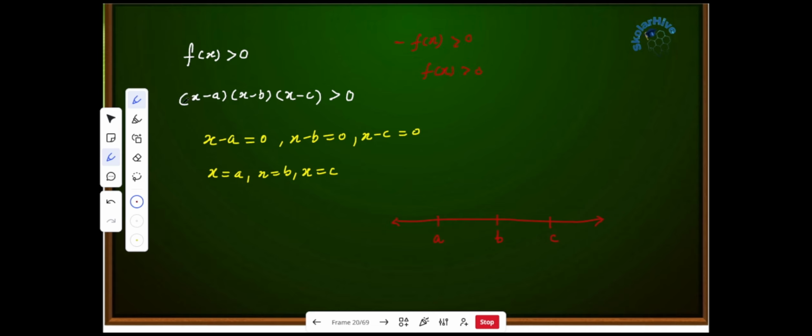As in this case, the expression on the left is positive. If it is positive, then we have to start making the curve above the line from the extreme right point. Okay, so this is the right point.